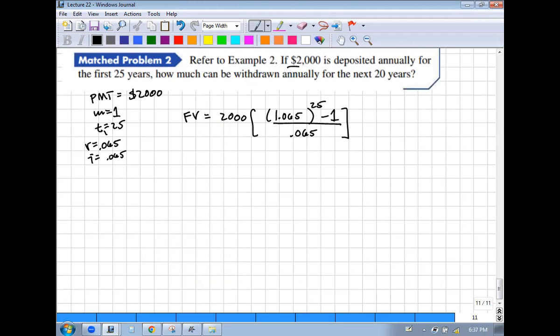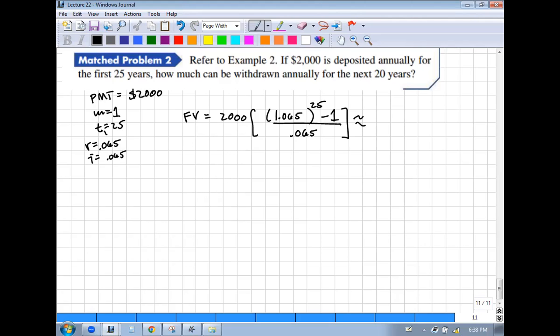So we're depositing $2,000 annually for 25 years and collecting 6.5% interest. At the end of 25 years, this is how much money we'll have, and we can actually plug this in. I feel like this one is really easier. This one you don't have to graph.